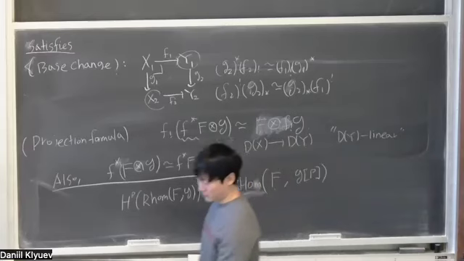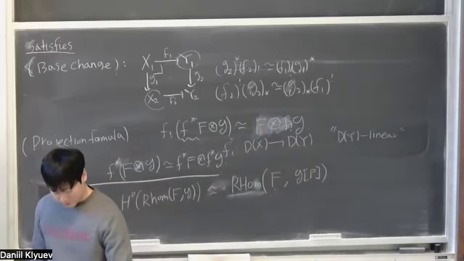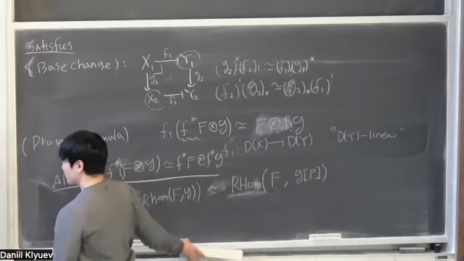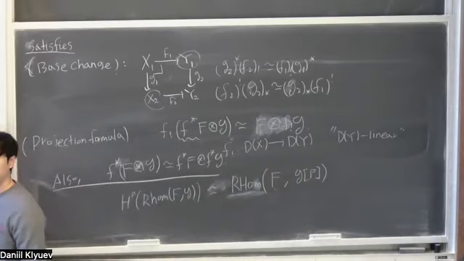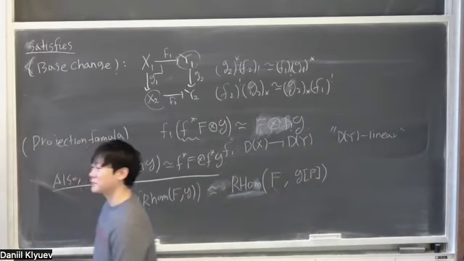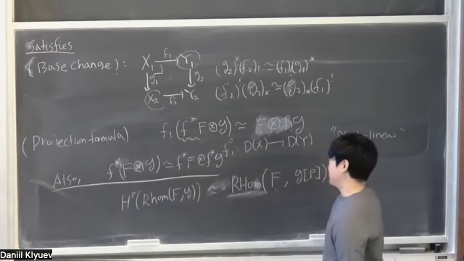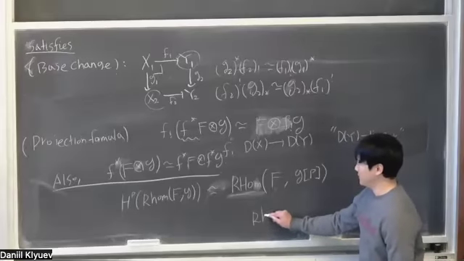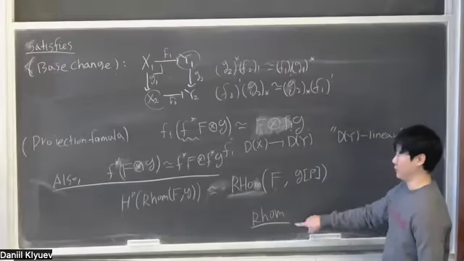Any questions so far? So the little hom is internal and the large Hom is just Hom. I wrote the internal Hom like this with the underlying bar.